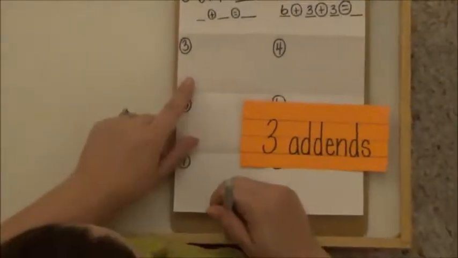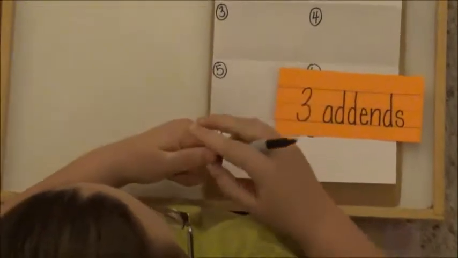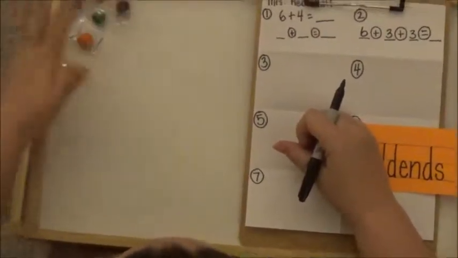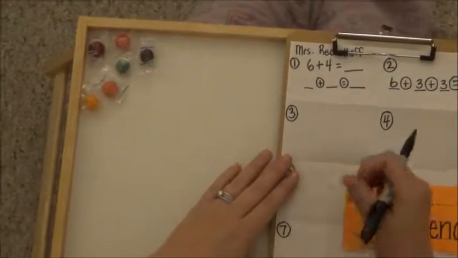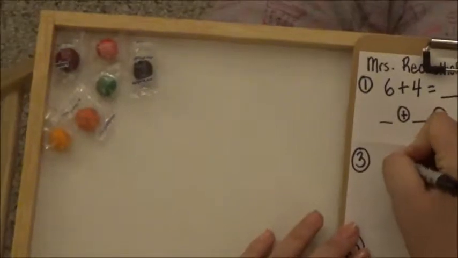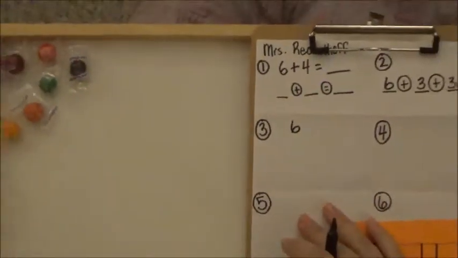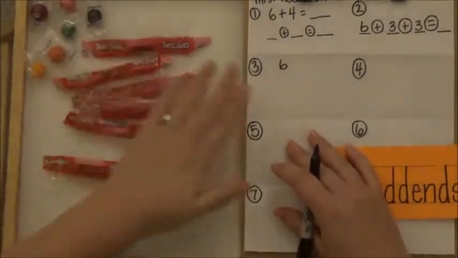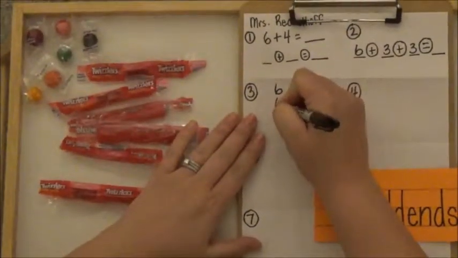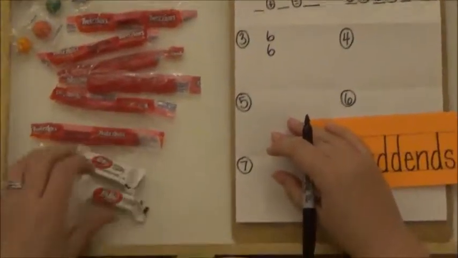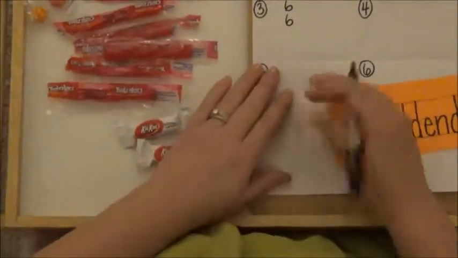For number 3, we're going to do 3 add-ins again. I have 6 Jawbreakers, I have 6 Twizzlers, and I have 2 Kit Kats.